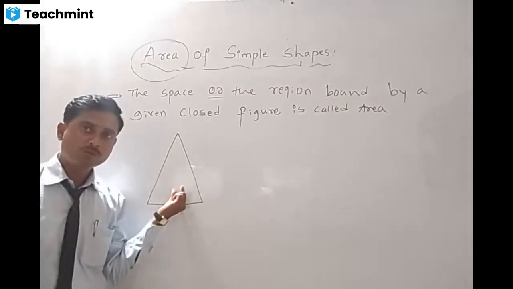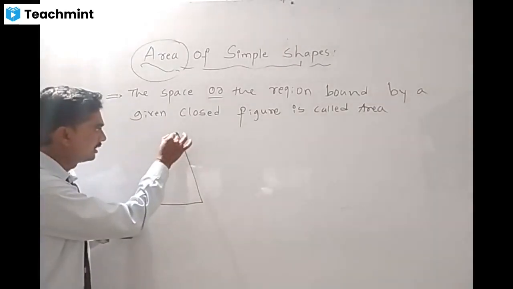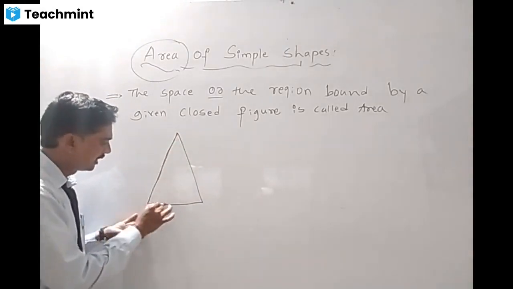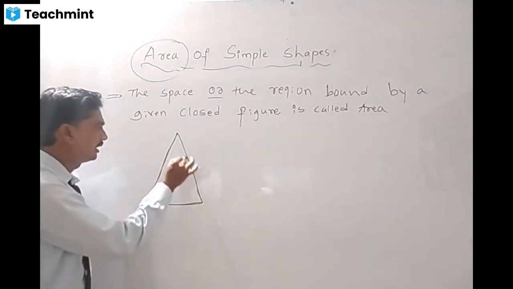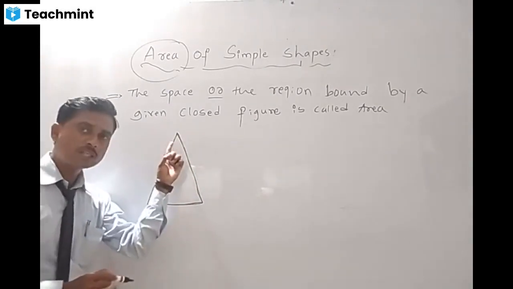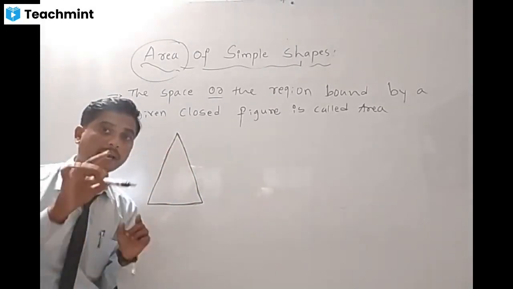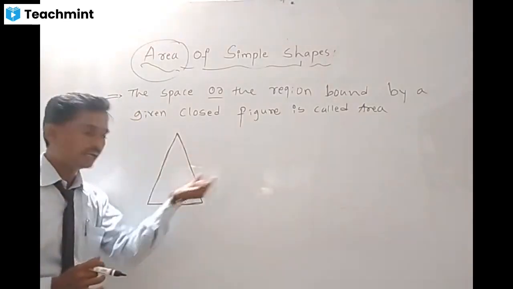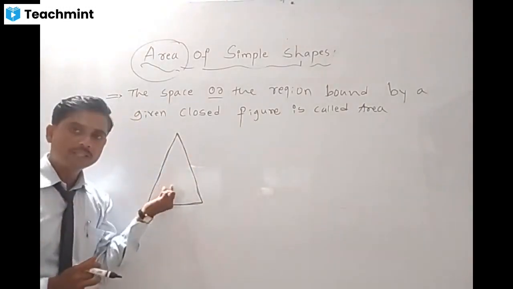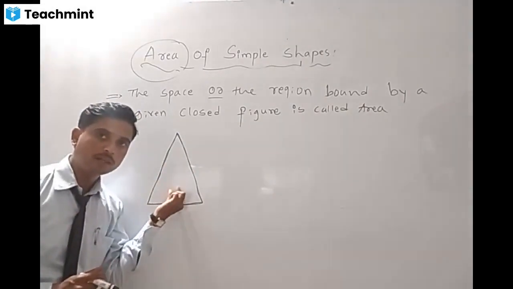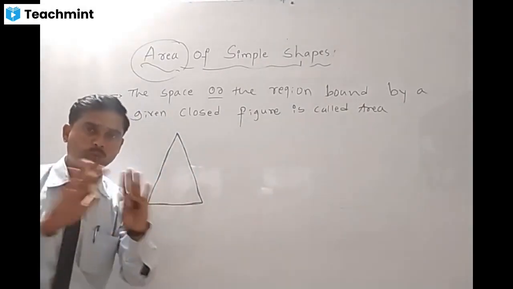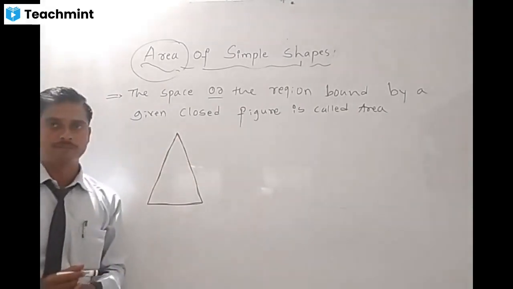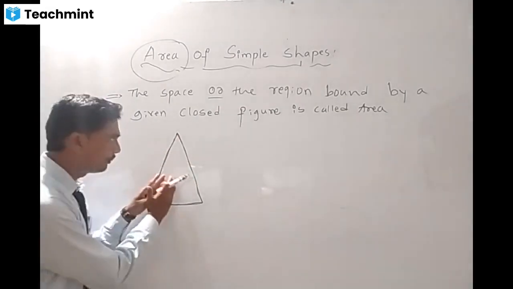Closed figure means we start here, go here and here, and where we start, there only we end. No way to go inside, so this is a closed figure.